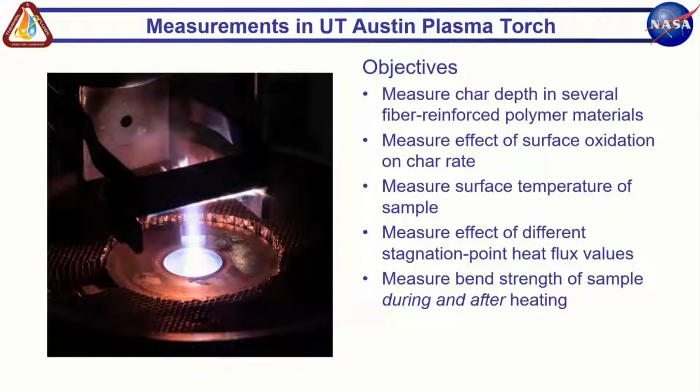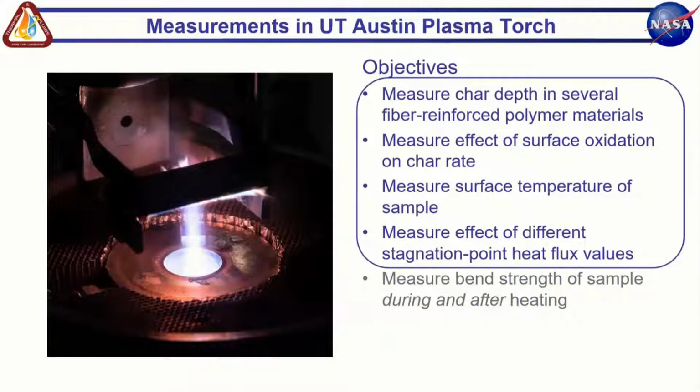And our objectives with the test were to measure the charring and char rate and the effects of heat flux and surface temperature and surface oxidation on the char rate in the material, and then measure the bend strength of the sample during and after heating. I will focus on the first four objectives for this talk.